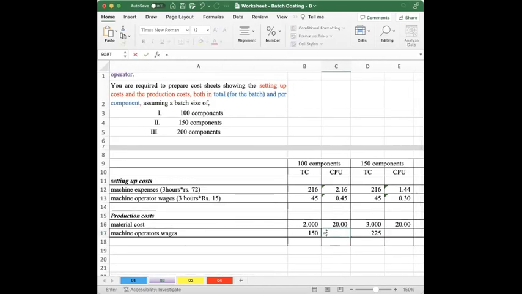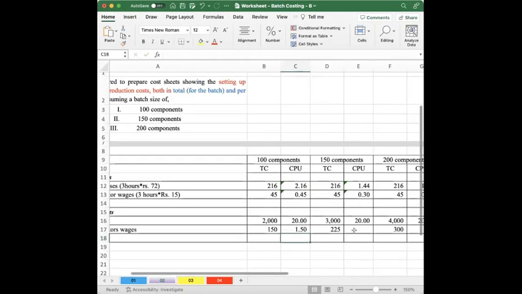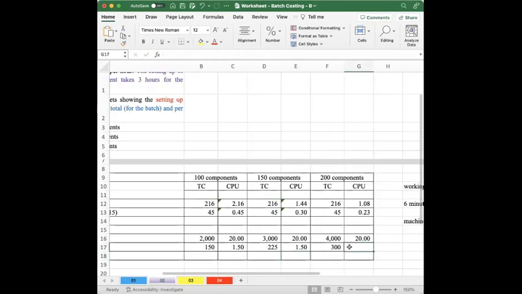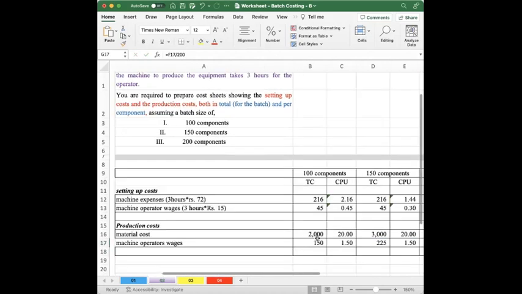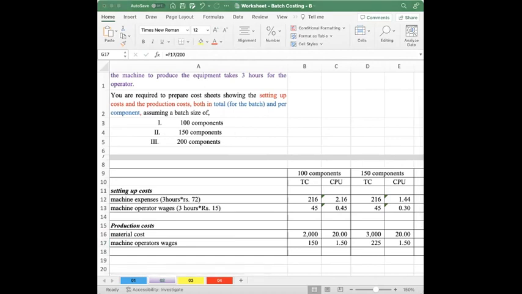How do you find the cost per unit? Divide the total cost by number of components, right? Again, divide the total wages paid by number of components. You get the per unit value. Clear? Then machine expenses.